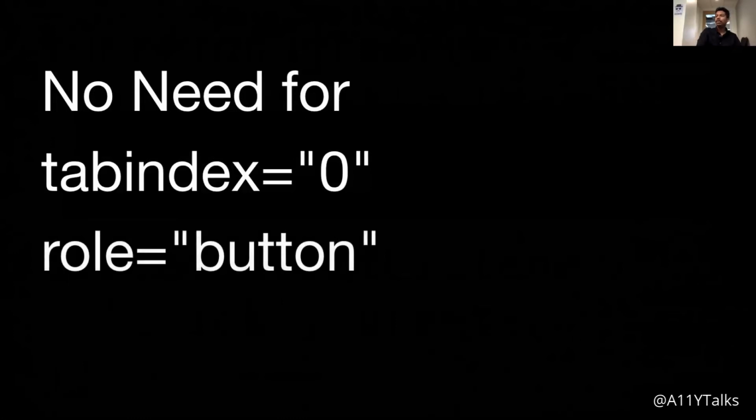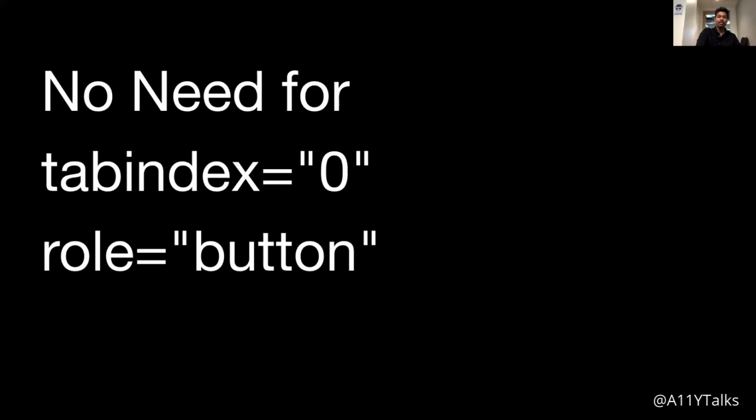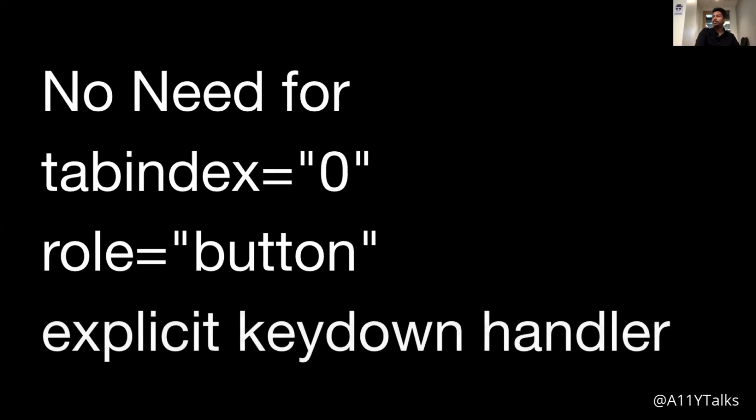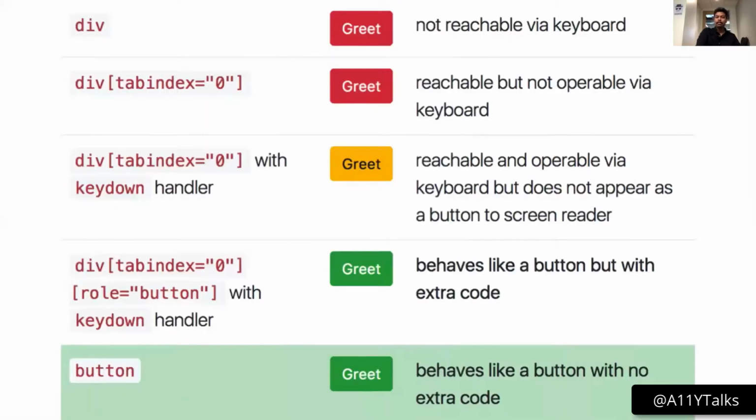No need for role equals button, because a button is a button and we don't have to explicitly call it a button. And probably this is the icing on the cake: we don't need the explicit keydown handler. The click handler gets executed when space or enter is pressed. This is a screenshot of a CodePen comparing all the discussed scenarios and use cases so far.